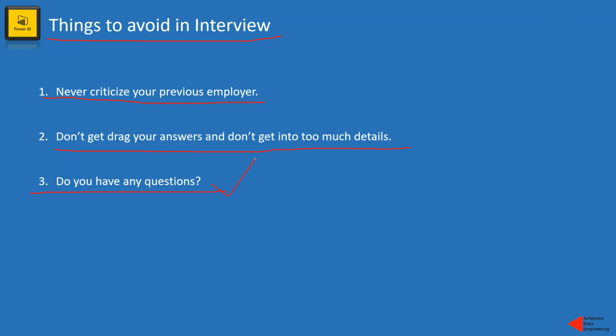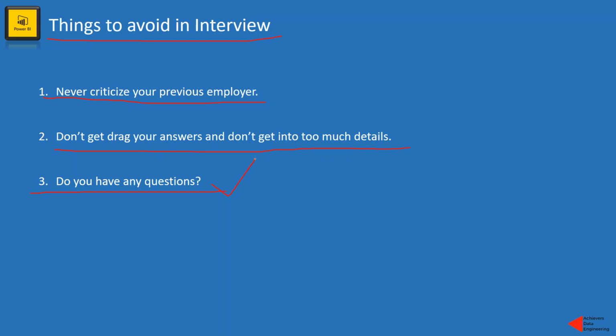It's an opportunity for you. You can show that you are interested in this job. So go ahead and ask some questions related to the projects. Maybe you can ask, is it possible for me to get to know more about the projects that I am being hired for? That will leave a good impression on the interviewer, and he will think, okay, this candidate is interested in this project, and I'm sure he will be a good candidate.